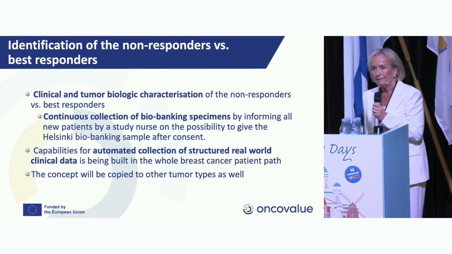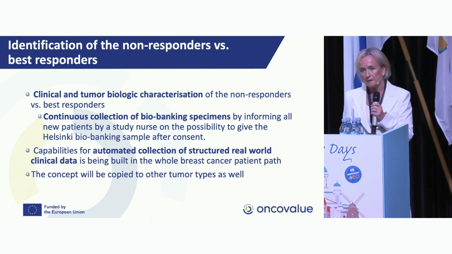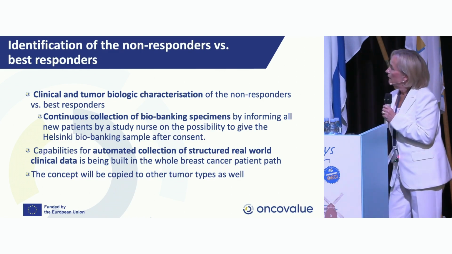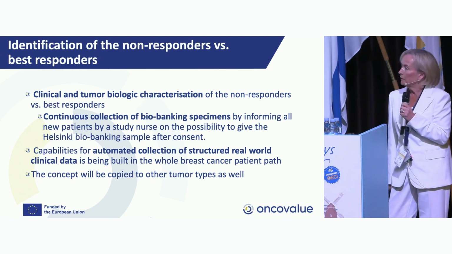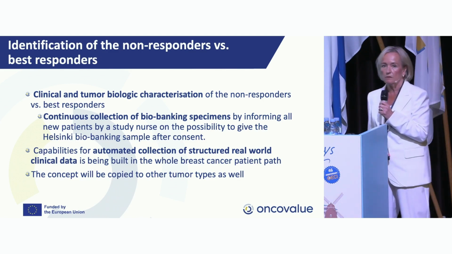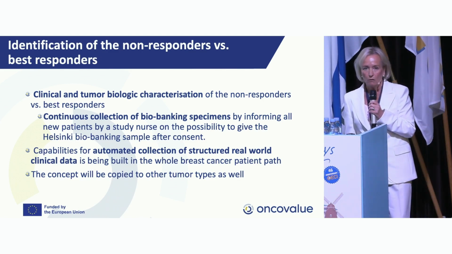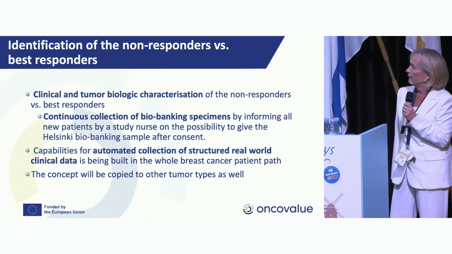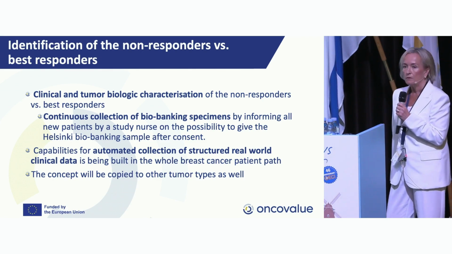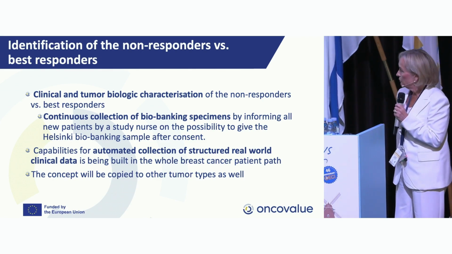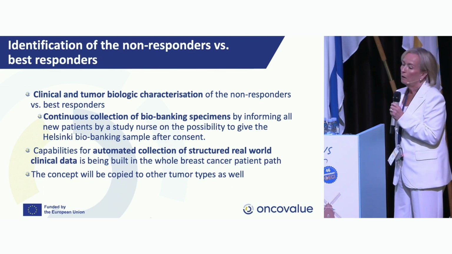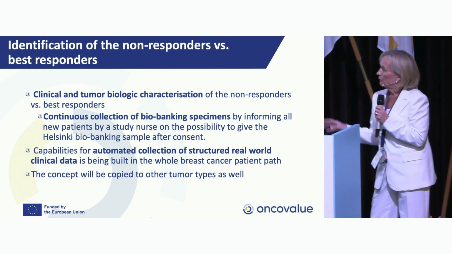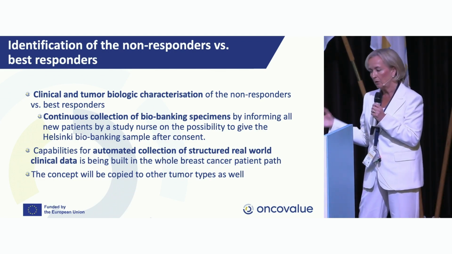Because we need to characterize both the patients and the tumors, at the same time as we started the Oncovalue project, we also implemented a systematic collection of biobanking consents of all new breast cancer patients at the beginning of their patient path. In the future, we will continue to characterize also the tumors. And once we are a little bit further along, we will then move on to the following use cases within Oncovalue.